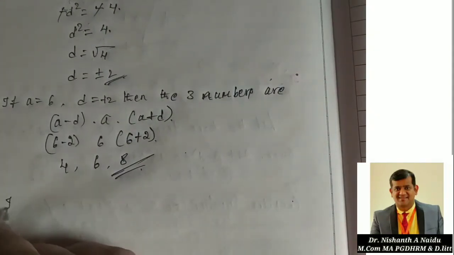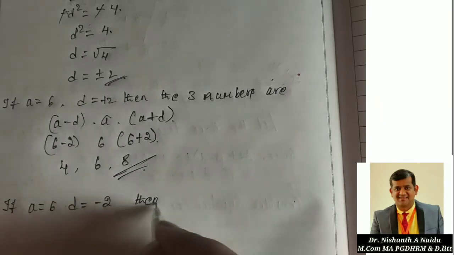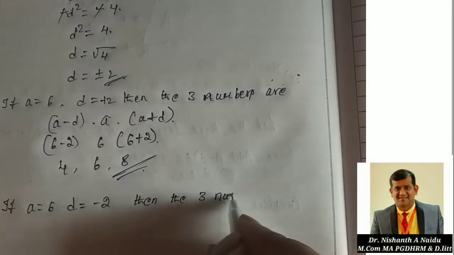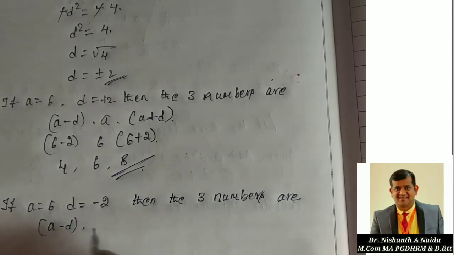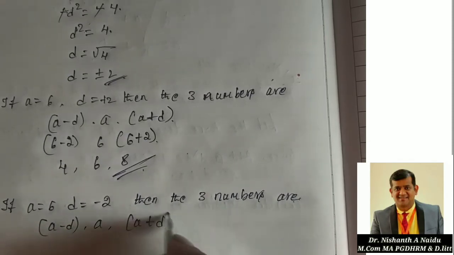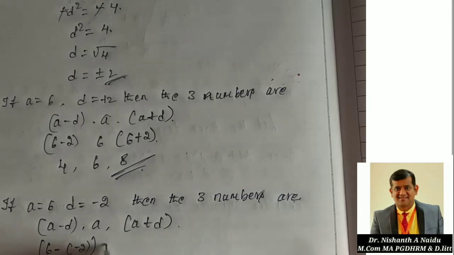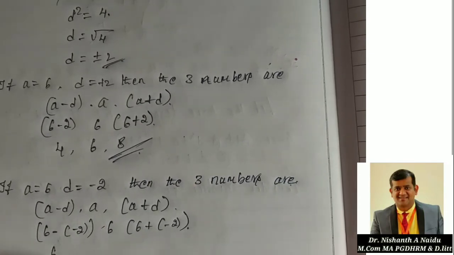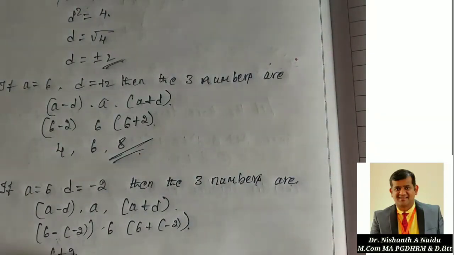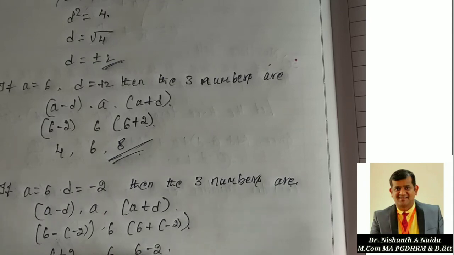Now if A equals 6, D equals minus 2, then the three numbers are A minus D, A, then A plus D. So that is 6 minus (minus 2), 6, and 6 plus (minus 2).